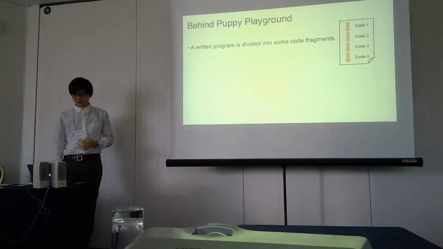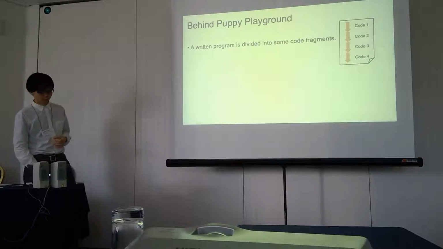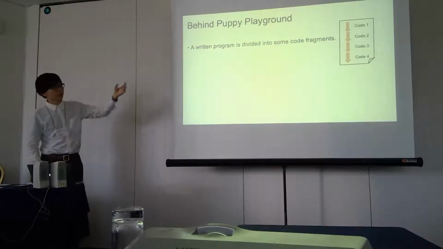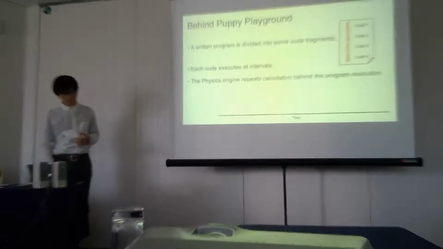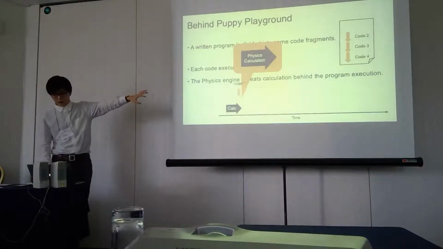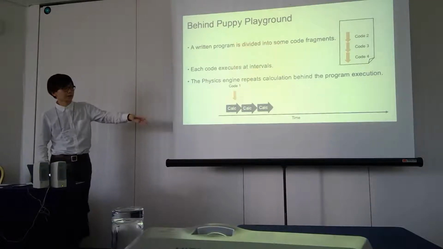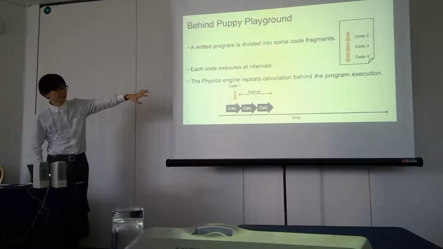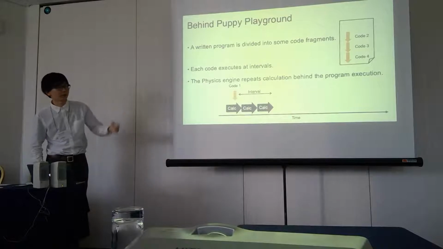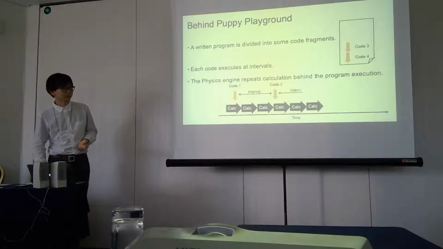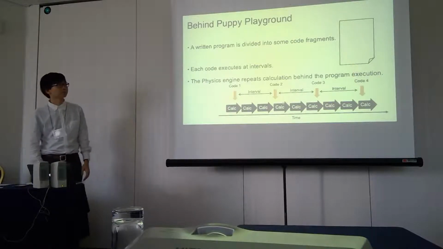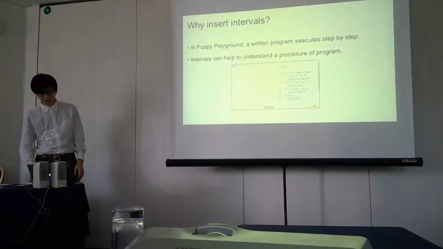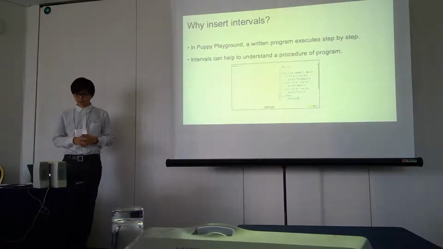How does it work? Let's see behind the Puppy program. A Puppy program is divided into some code fragments. Each code fragment executes at intervals, and the physics engine repeats calculation behind the program execution, like this. Why insert intervals?